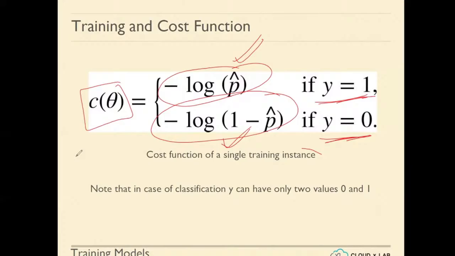If the model is making correct predictions, then I want this cost function, C theta, to be small. And if the model is making mistakes, then I want this number to be big. And for that, I'm using these functions.